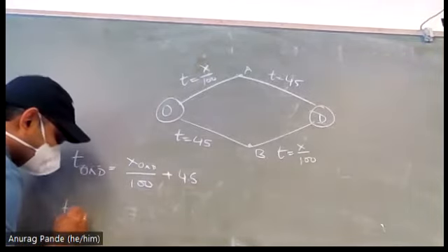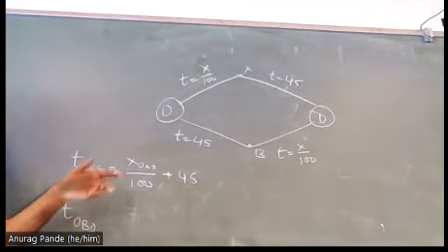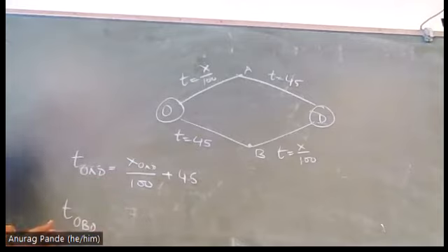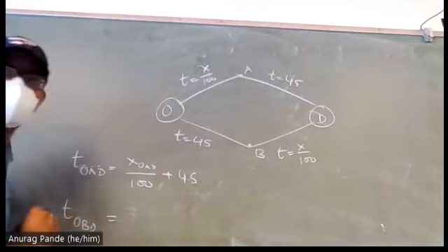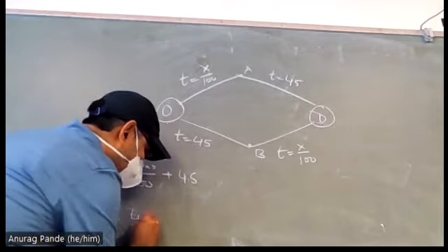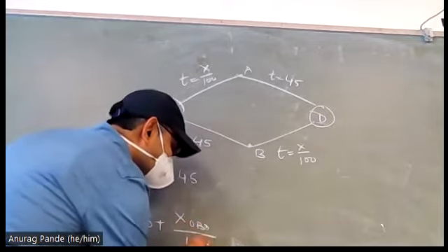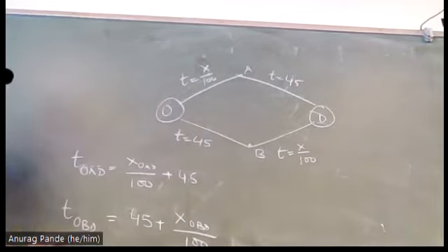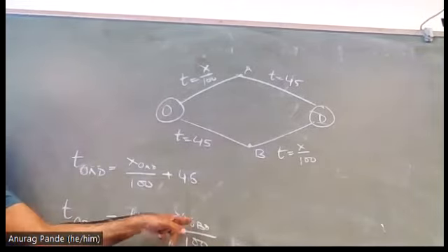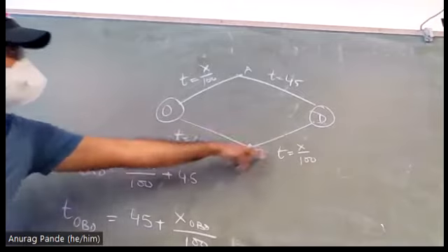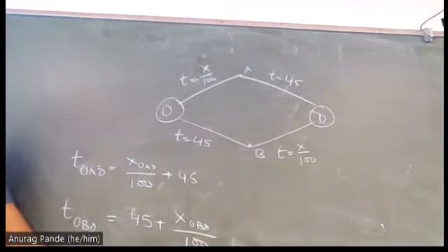And T_OBD. I'm writing these link performance functions right now. The travel time on route OBD would be 45 plus X_OBD divided by 100. The OBD subscript stands for the specific route, OBD or OAD, right?